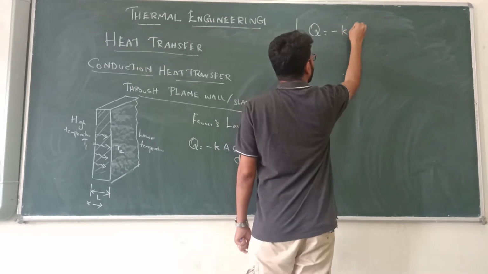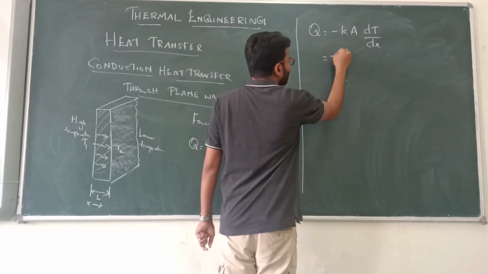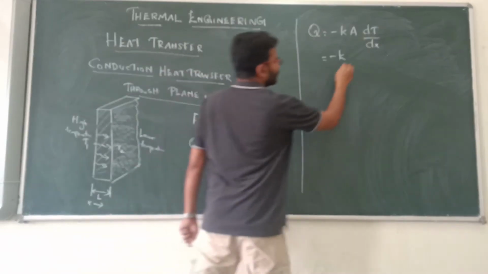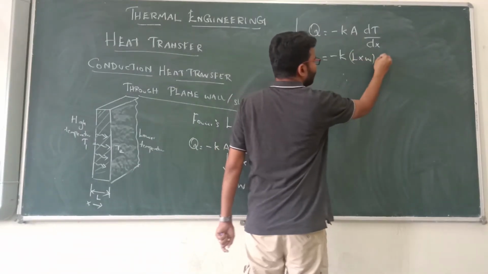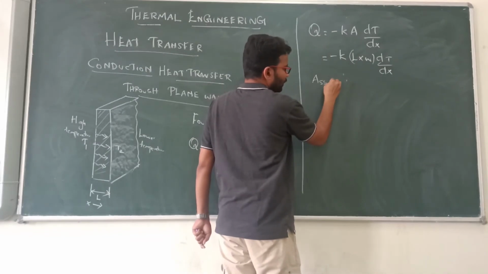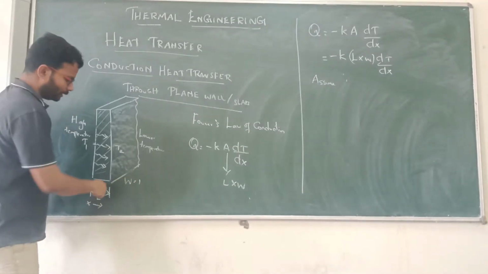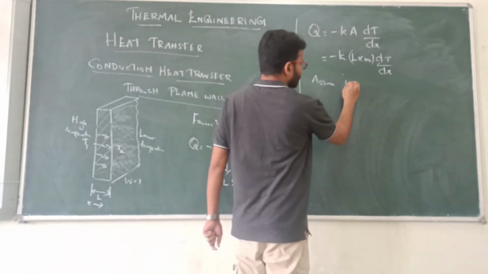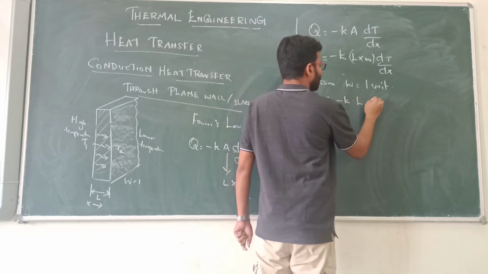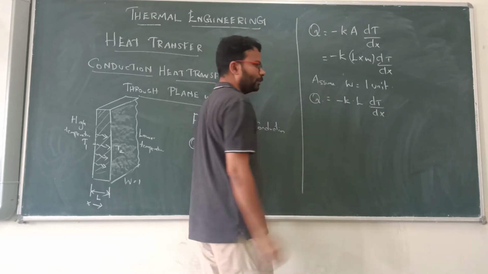Since it is a slab, the area is length into width, that is L into W. Assume, for example, for a test piece, that the width W is 1 unit. Therefore Q is equal to minus K into L of dT by dx.